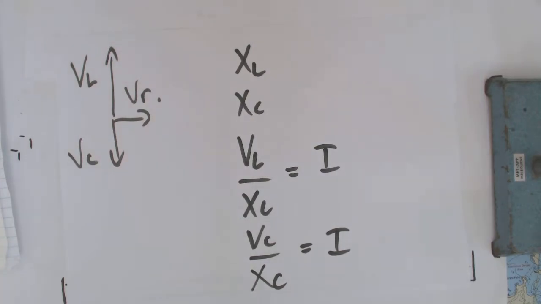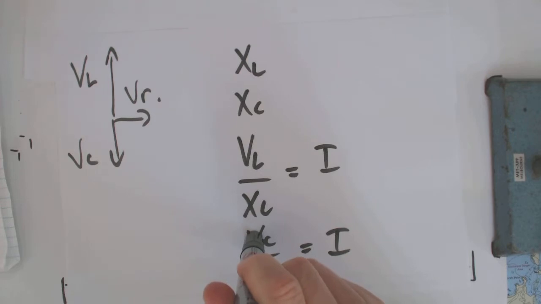On the circuit here, again, you've got to ask yourself, are they talking about RMS or peak? It doesn't matter which, because again the square root of 2 will cancel out. If you use an RMS I, you're going to get an RMS voltage. If you use a peak I, you're going to get a peak voltage.